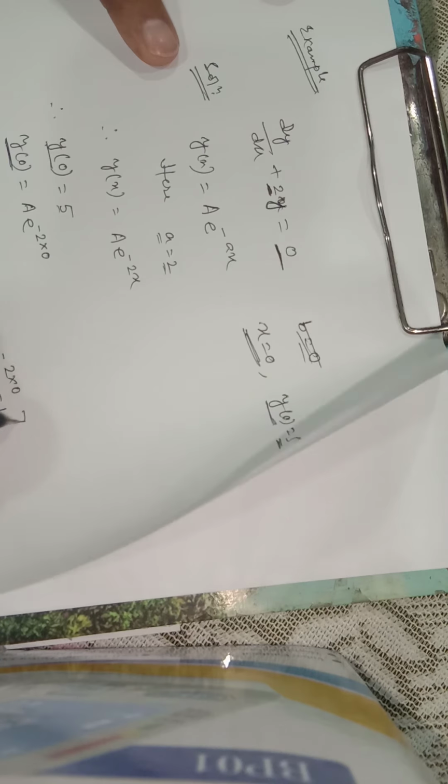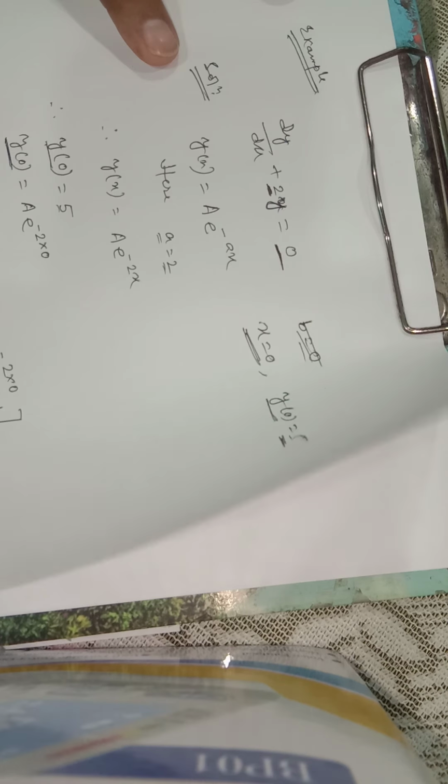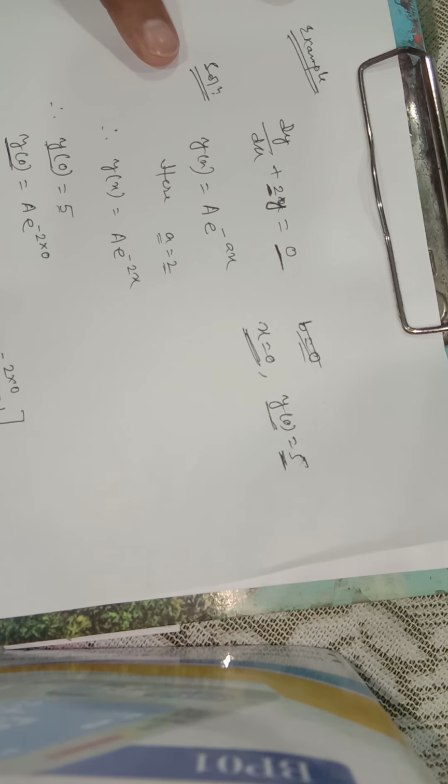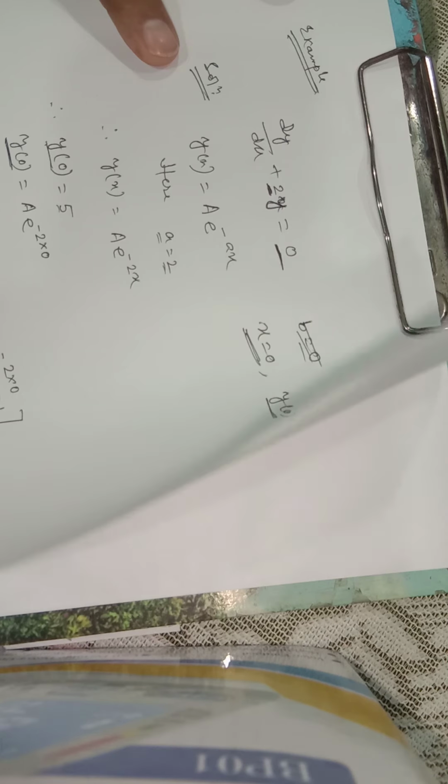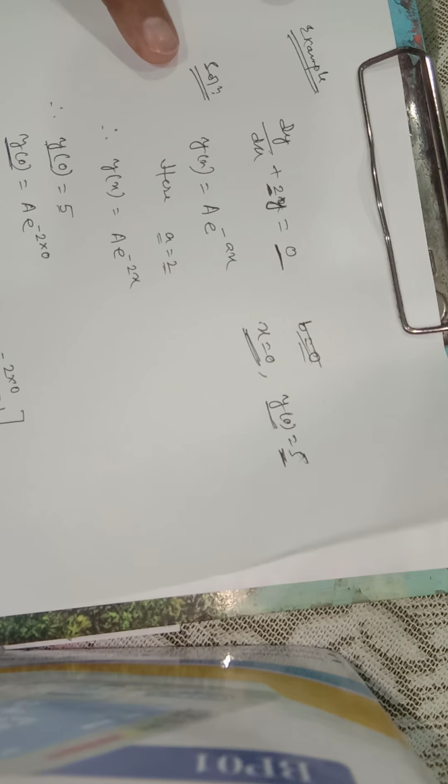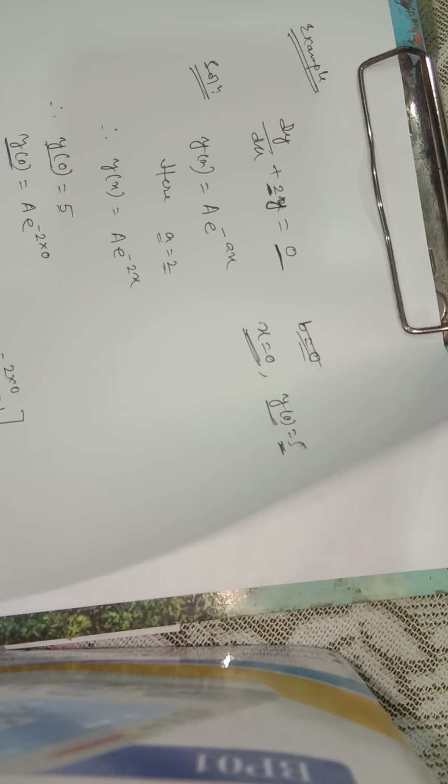That means 5 is equal to a, because y of 0 is equal to 5. From the earlier equation, e to the power minus 2 into 0 is equal to 1, so we will be having only a here. Therefore we get the value of a is equal to 5, so the solution is 5 into e to the power minus twice x. So this is the solution for the homogeneous case.